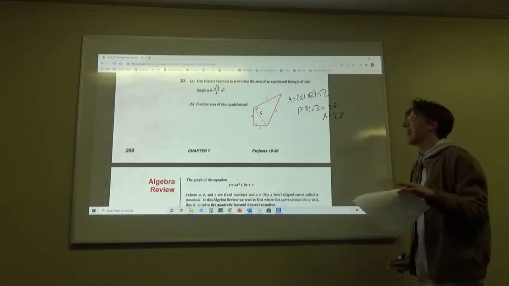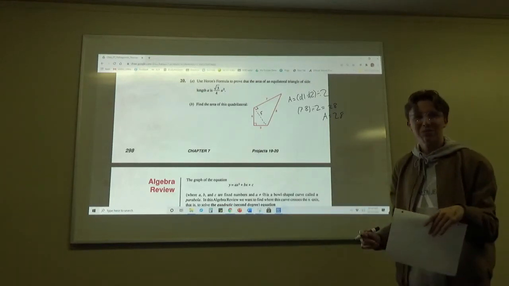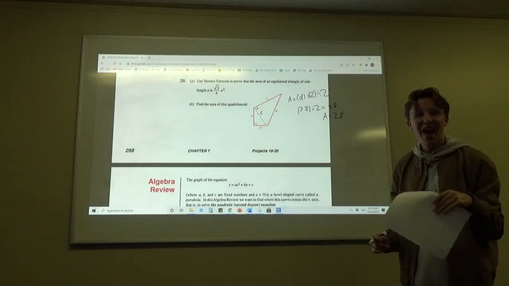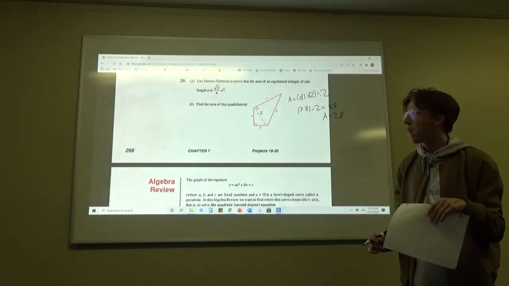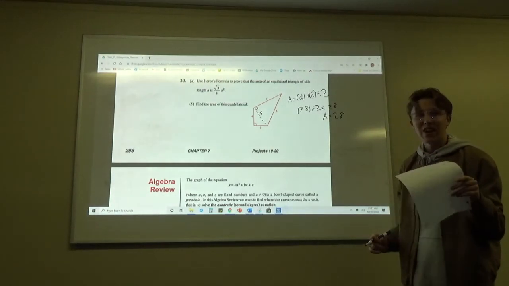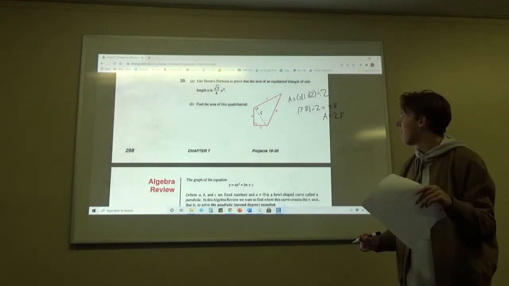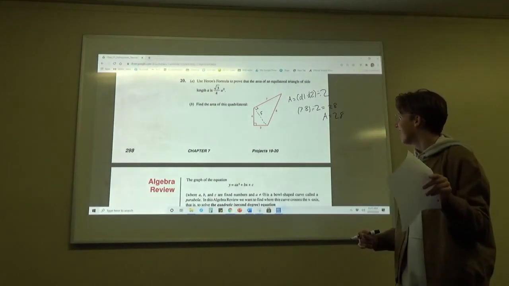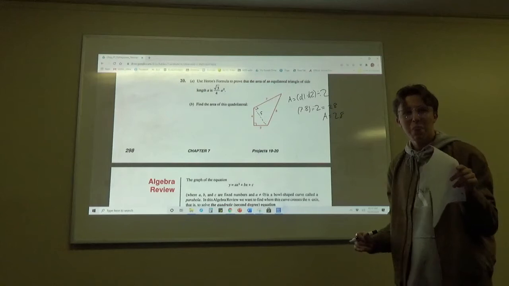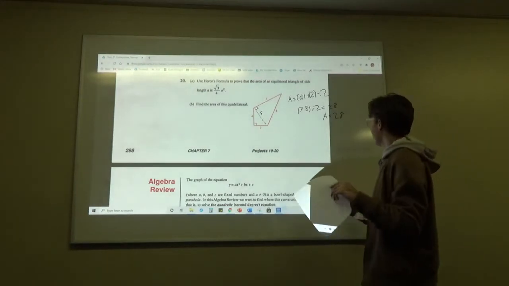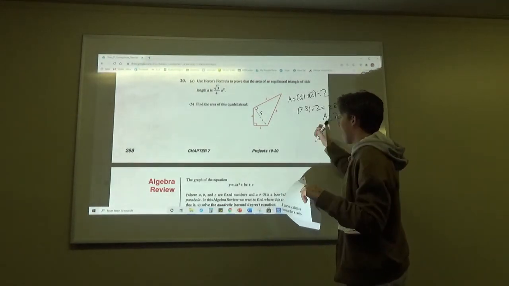Now, what you wrote, is that going to be correct for a right triangle? Yes. How do you know? Is it a squared plus b squared equals c squared? Yes. So what is a squared plus b squared?